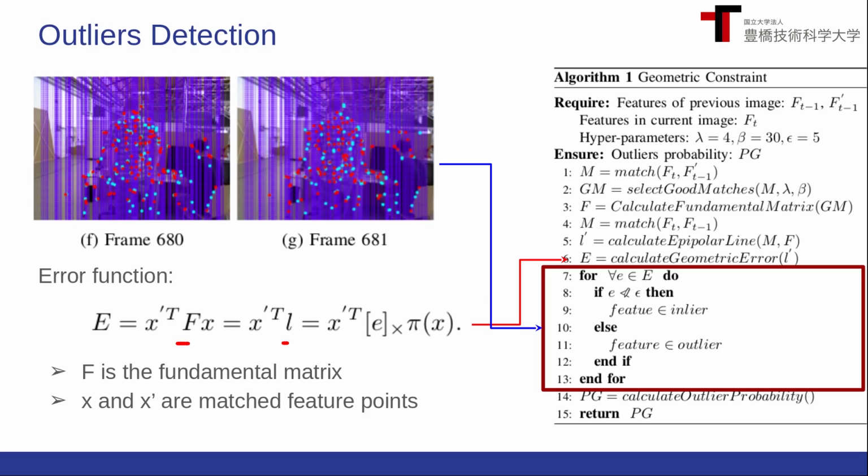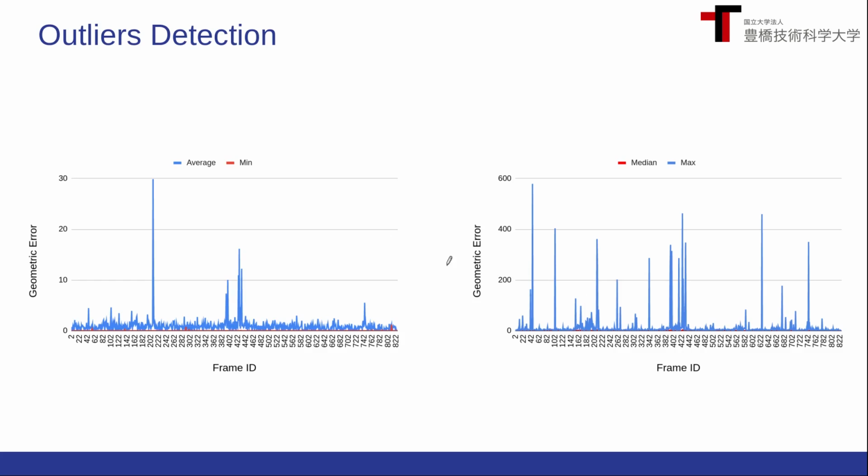Then the key is how to decide the threshold. We calculate the average value, minimum value, median value, and maximum value of the geometric errors of all the frames.